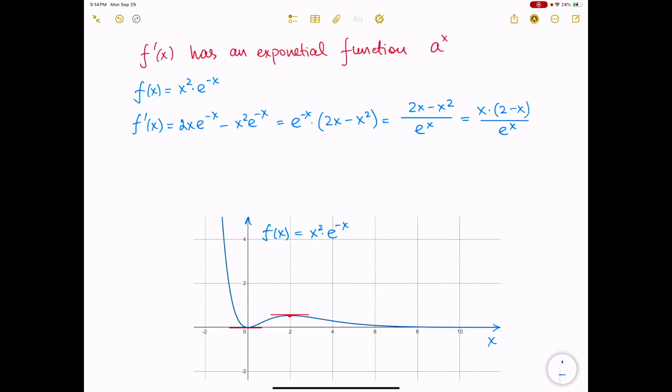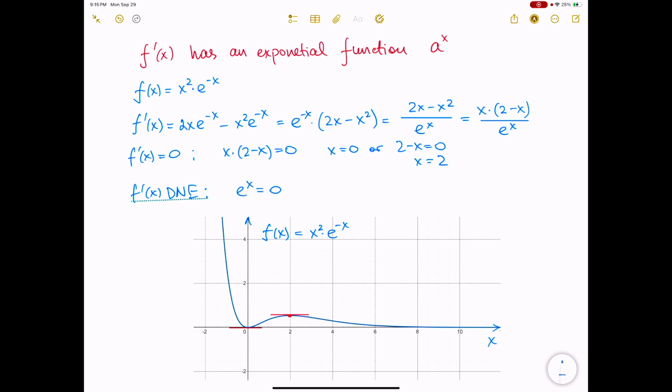Let's find critical numbers. The fraction is equal to 0 if and only if the numerator is equal to 0. Those two factors multiplied with each other create 0 only if one of those two factors is equal to 0. So either x is equal to 0 or 2 minus x is equal to 0, so x is equal to 2. The derivative does not exist when the fraction has a denominator equal to 0, because division by 0 is undefined.